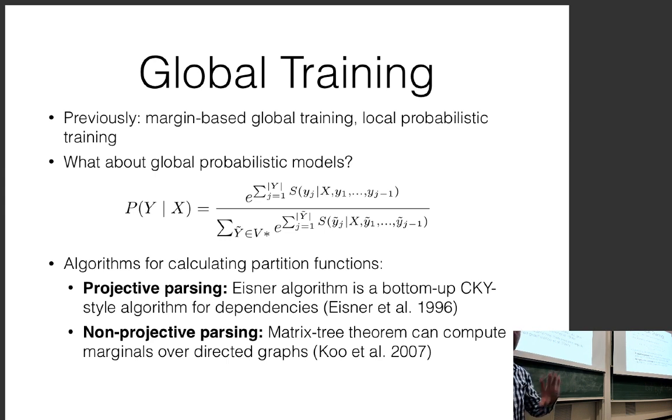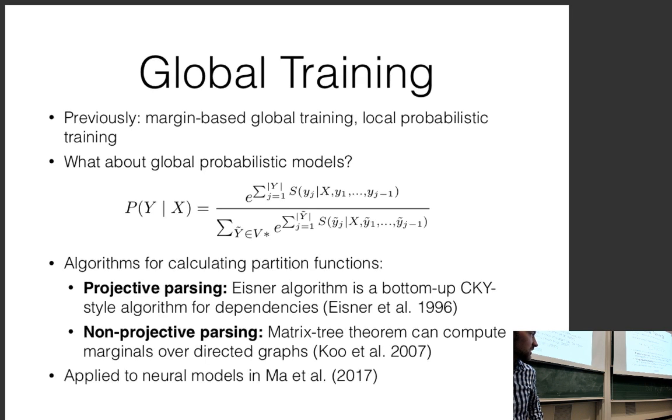I won't go into the details because it's a little beyond the scope of what I should be explaining here. But it's a really nice algorithm, and it basically works with matrix manipulations, so it's very easy to implement in any of your neural network toolkits. This was applied to neural models by Ma and Hovy, so you can reference the paper and take a look at how it was used for training.